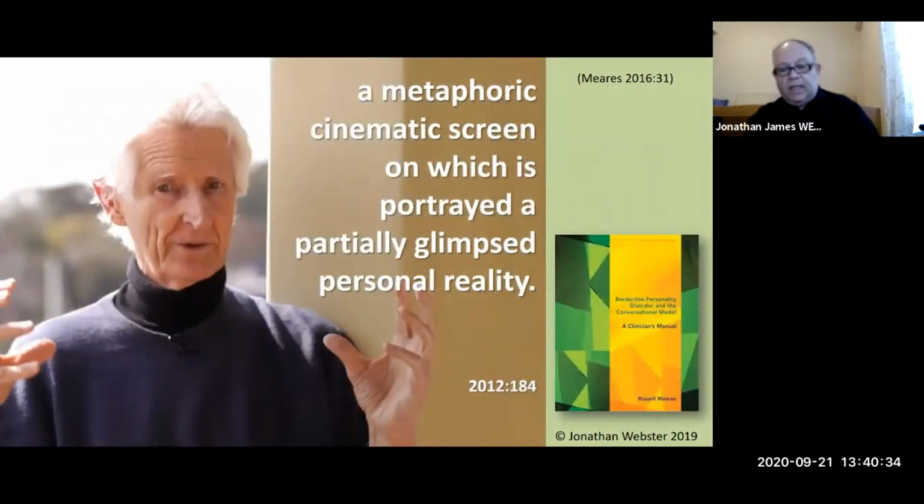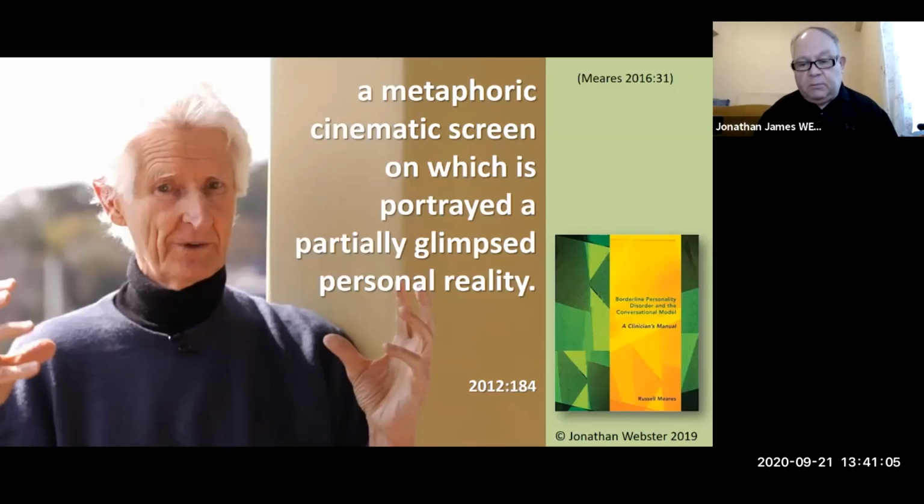There's a phrase I like a lot. In fact, it comes from another book of Russell Meares. This one was his clinician's manual on borderline personality disorder and the conversational model. In other words, as a psychiatrist, his approach to dealing with patients with borderline personality disorder is a sort of conversational method, how you talk to them.